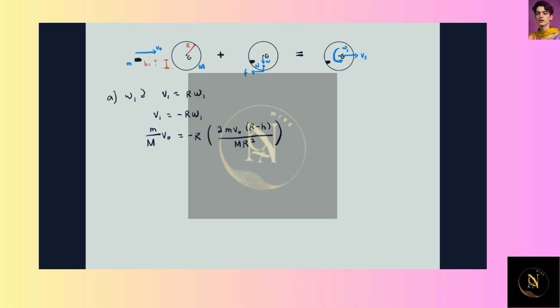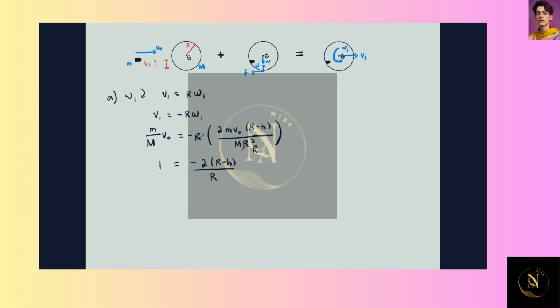Simplifying the equation, you can factor out m over M times v sub o from both sides. The left-hand side would be equal to 1. Then we can cancel out r, so we'll have r in the denominator, and the right-hand side would be equal to negative 2 times r minus h all over r.